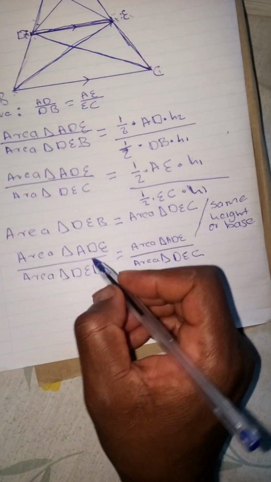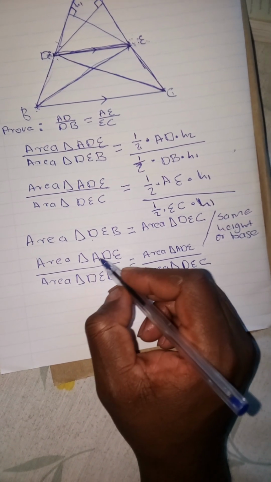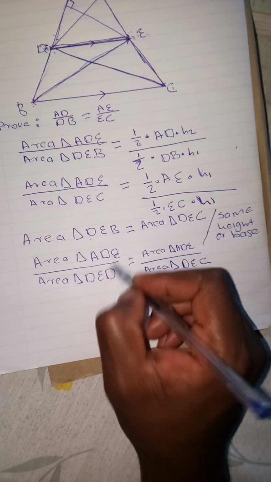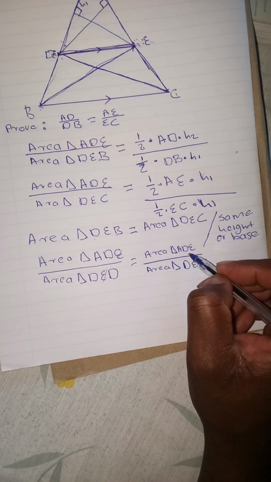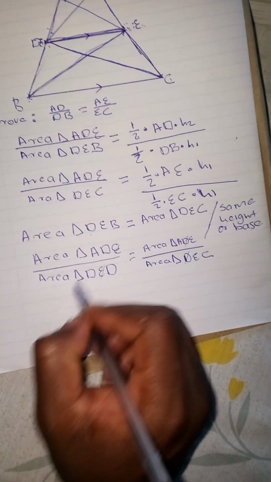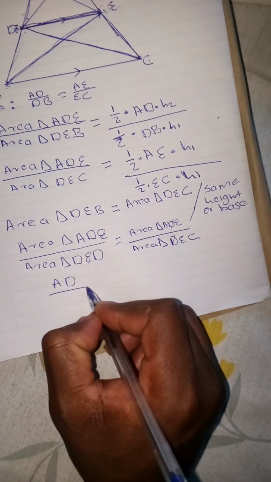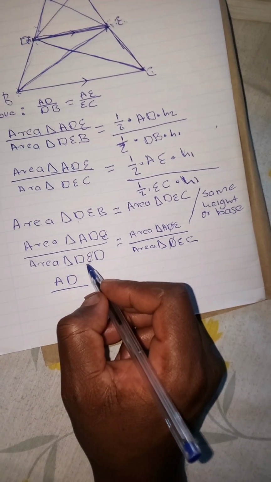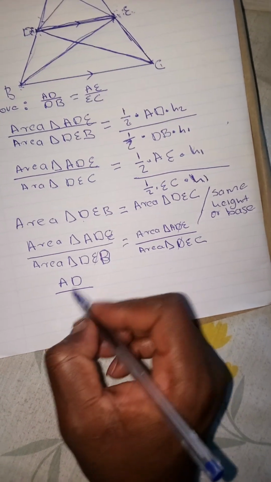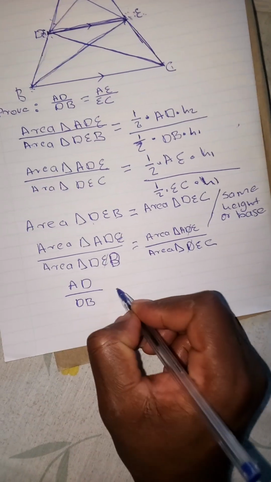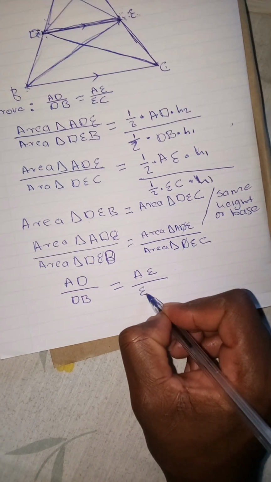Therefore here we cancel E by E, and then here we cancel D by D, and then we are left with AD over DB, which is equal to AE over EC.